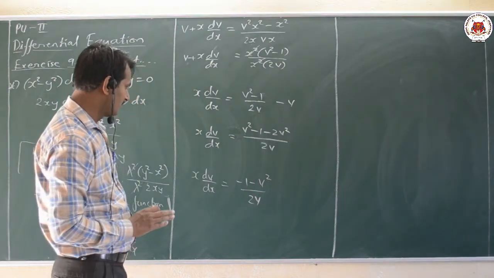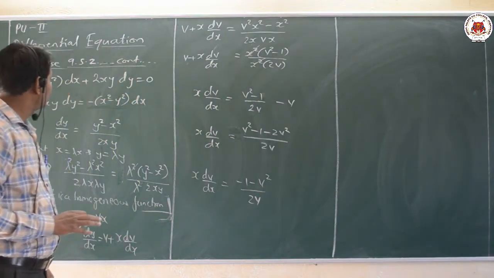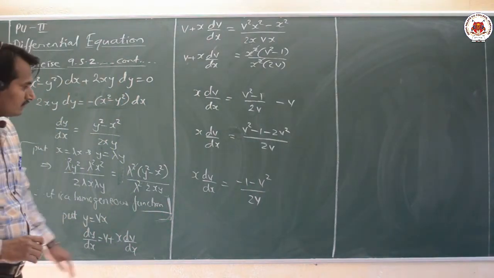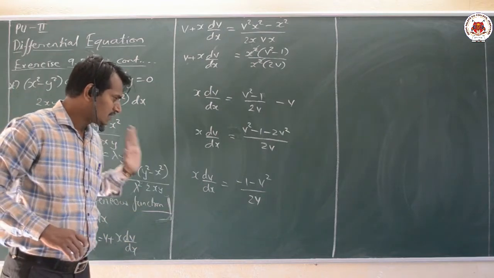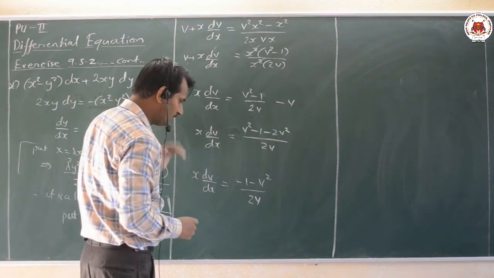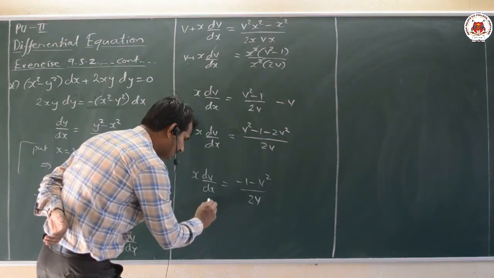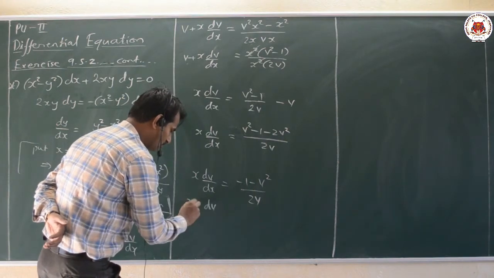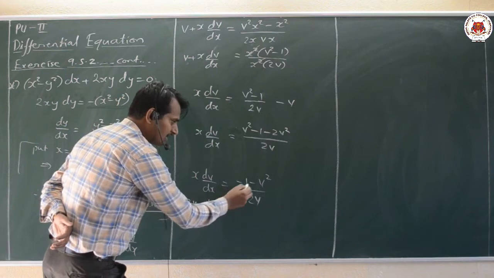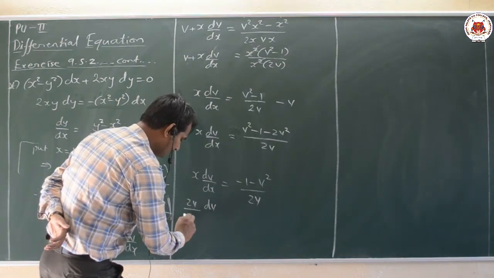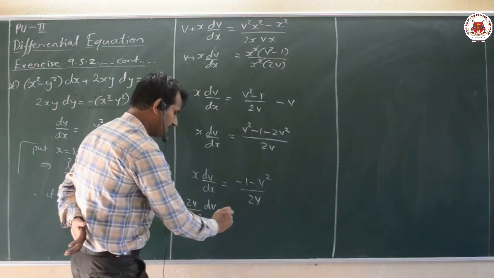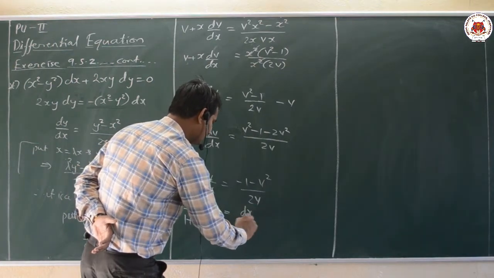This is one part. Now what is the next part we shall observe? Now I will cross multiply again, and we get the variable separable form: 2v divided by (1 plus v square) dv equal to minus dx divided by x.